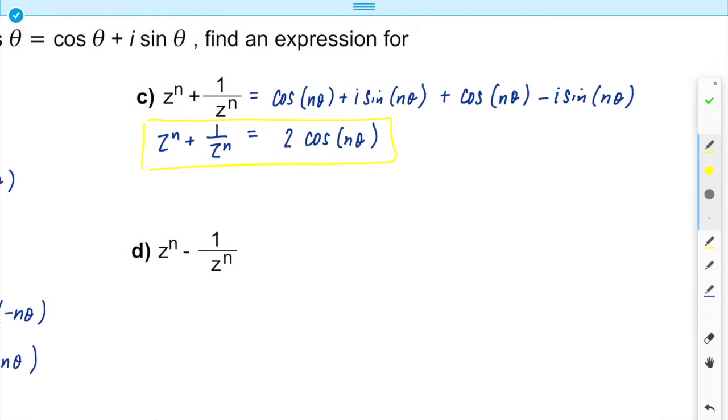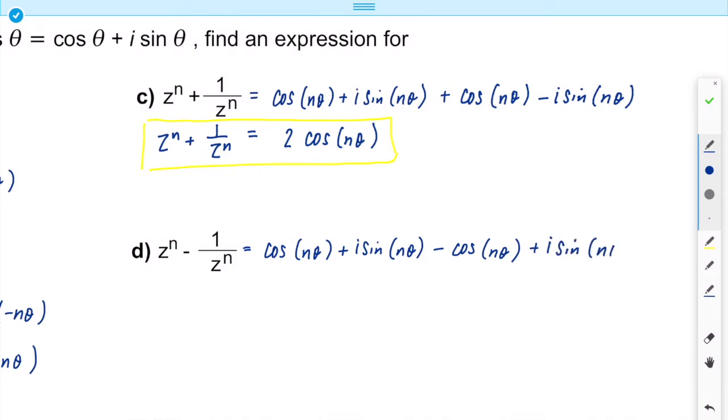Now, what if we subtract these two expressions? What is that going to give us? Let's see. We have cos plus i sine, minus cos, now minus negative i sine, so minus minus, plus i.